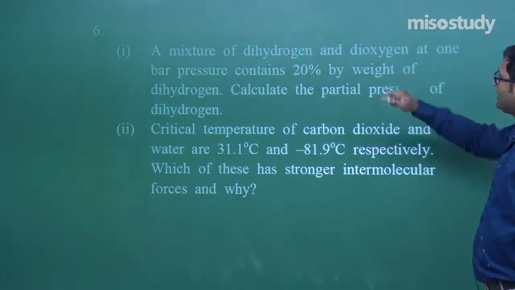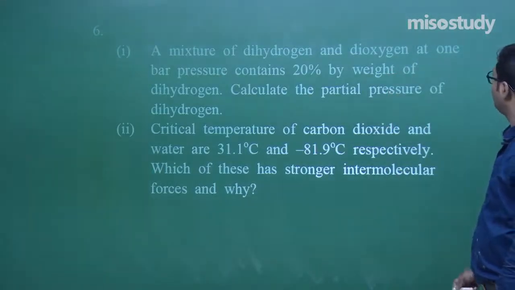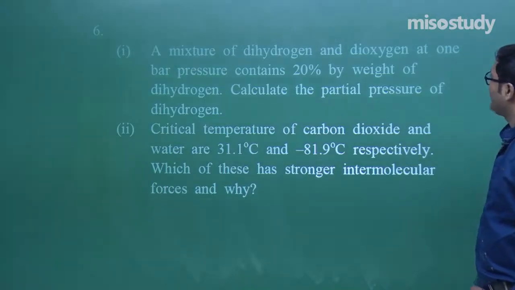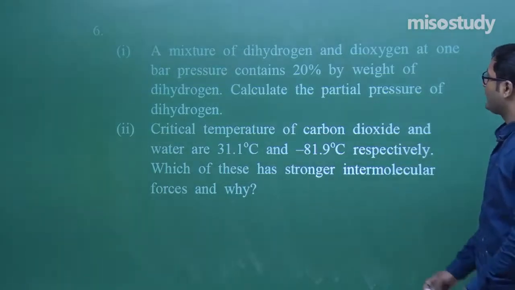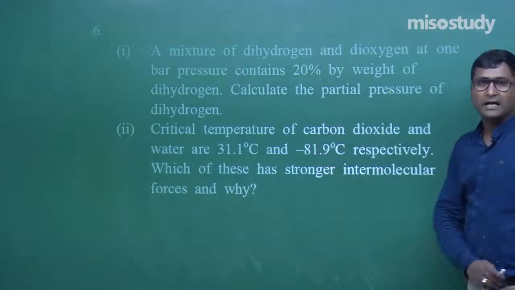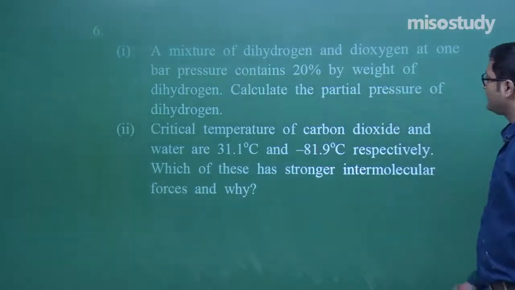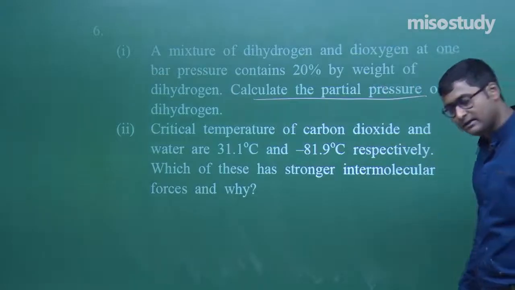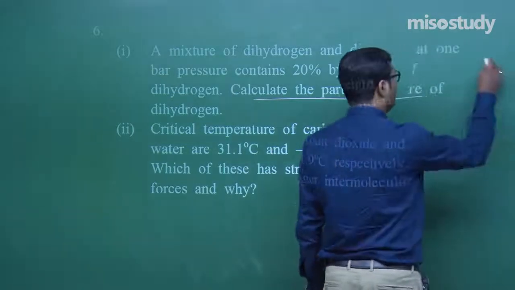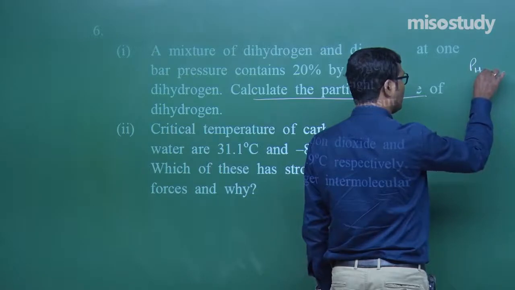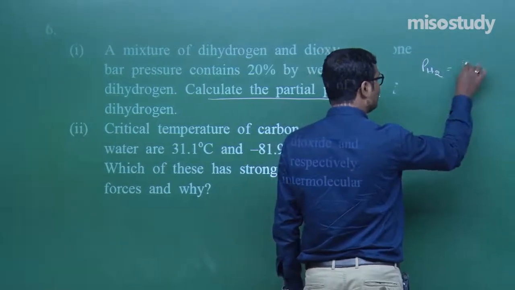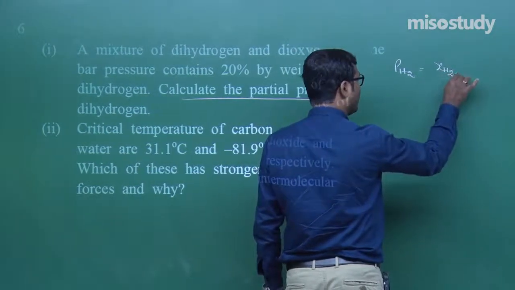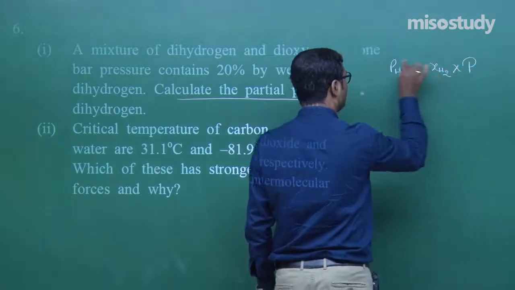A mixture of dihydrogen and dioxygen at 1 bar pressure contains 20% by weight of dihydrogen. Calculate the partial pressure of dihydrogen. Clear, my friend? As we know, partial pressure of dihydrogen is equal to mole fraction of dihydrogen multiplied by total pressure.